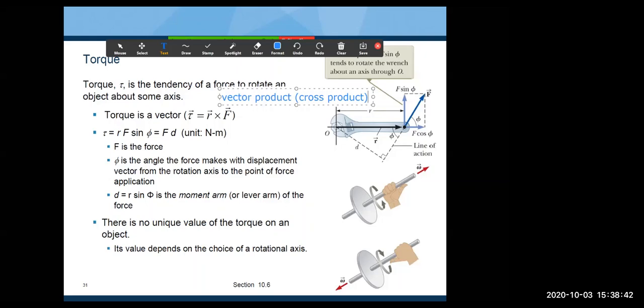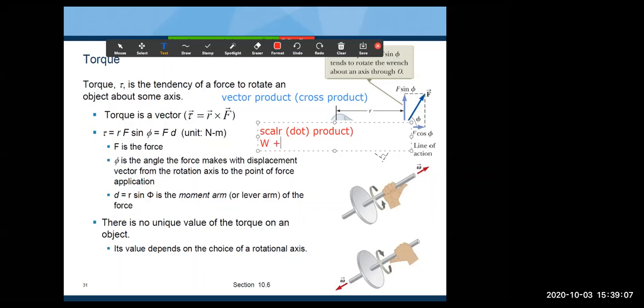Remember, there was another type of vector operation, and that is the dot product, or the scalar product. I typed it in another color, scalar or dot product. You saw it in the case of calculating work done.